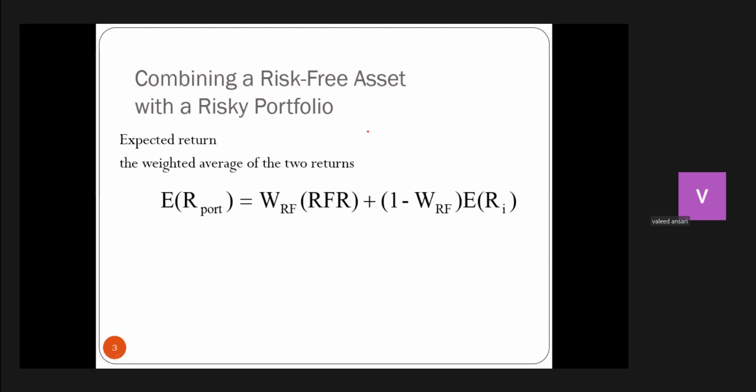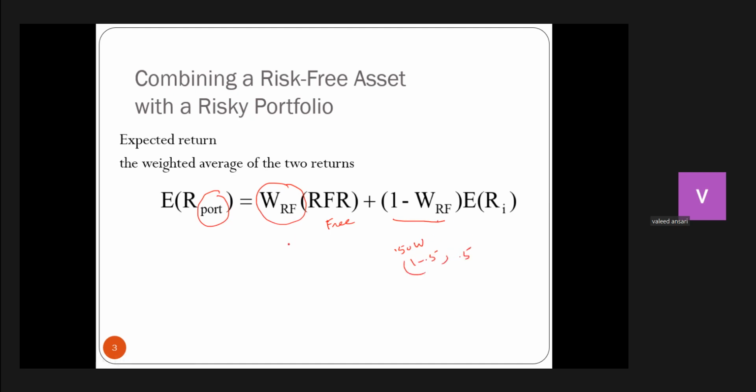Now, consider the return on any portfolio. Let us say two assets are there, risk-free and a risky one. If you are investing 50% in the risk-free asset, then 1 minus 0.5 will be in the other.